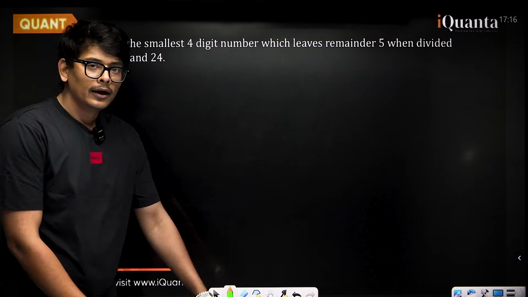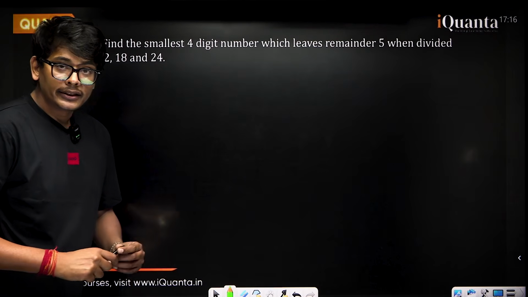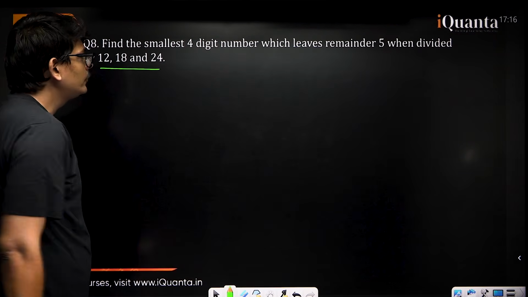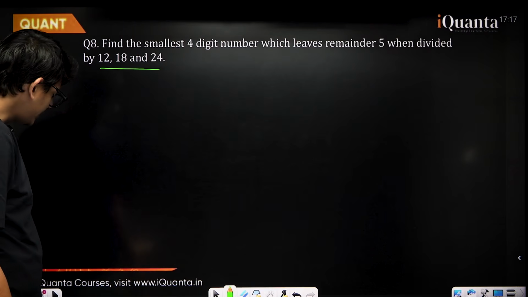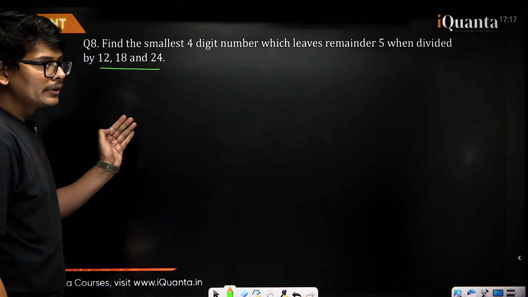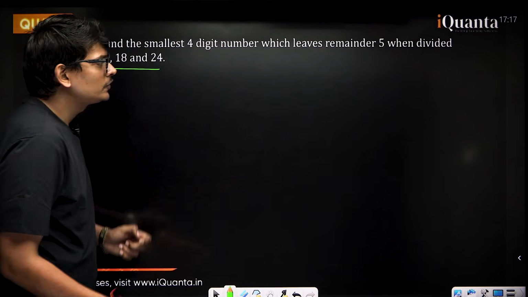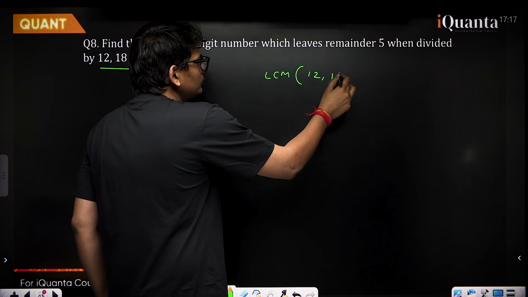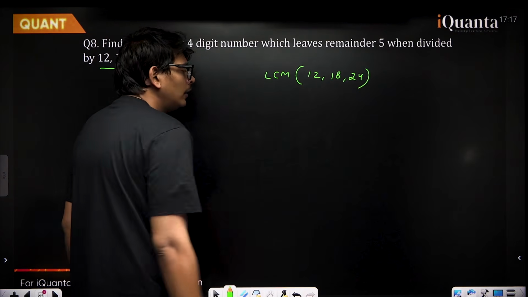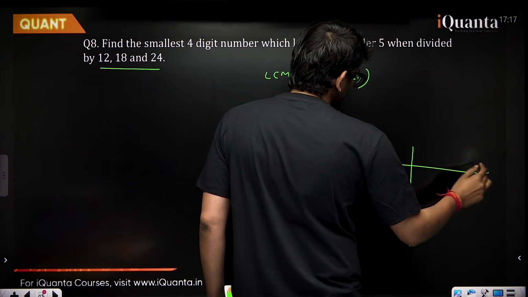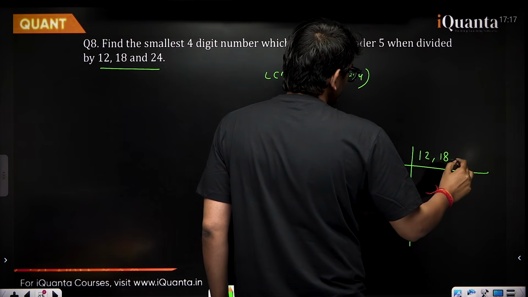Next question. Find the smallest 4-digit number which leaves remainder 5 when divided by 12, 18, 24. So the question has been changed slightly. Numbers were 8, 12 and 32, but here numbers are 12, 18, 24. So first of all, we have to find the LCM. How can we do that? Same method. 12, 18, 24.